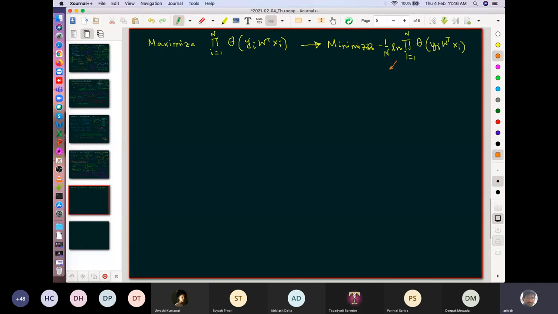So what is this one? That means I want to minimize, putting log inside it. Theta of S, I know, is nothing but this. So if I put log inside it, this will be this.